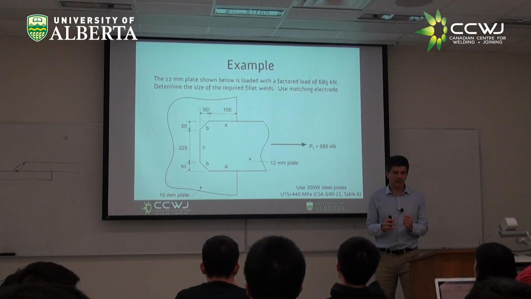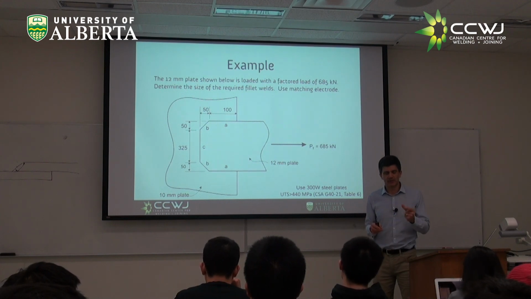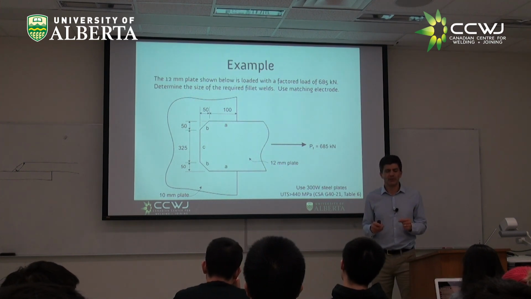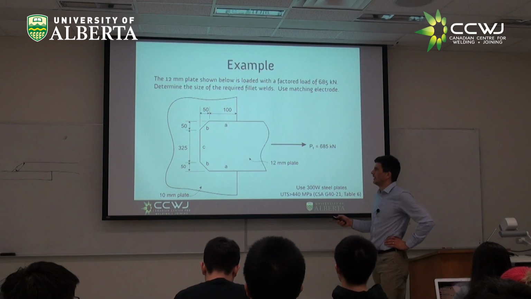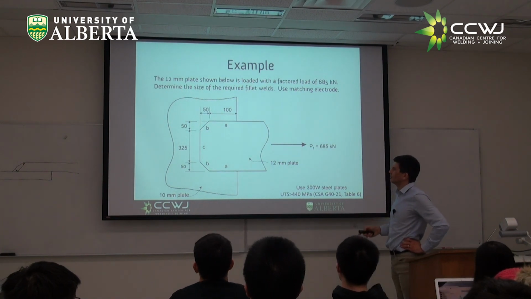So when we do thick fillets, we end up with a lower strength per unit mass than if we do a thin fillet. So, okay, let's go for a long fillet all around.